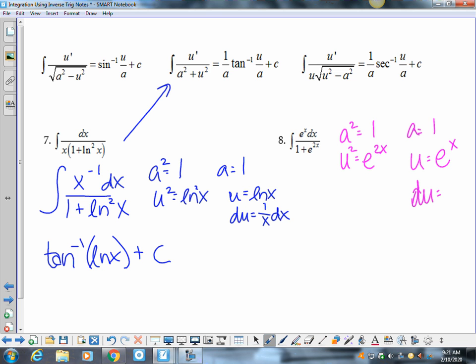Leave it. Good. So e to the x times 1 dx. And do I have that? Okay. So tangent inverse of e to the x.